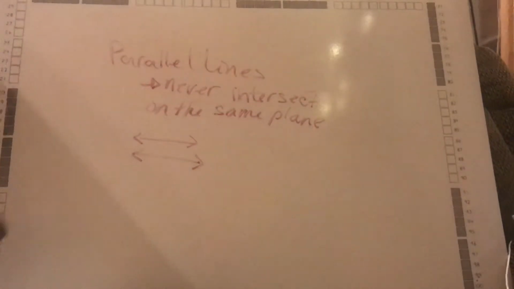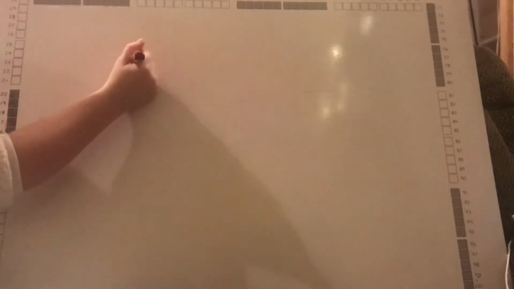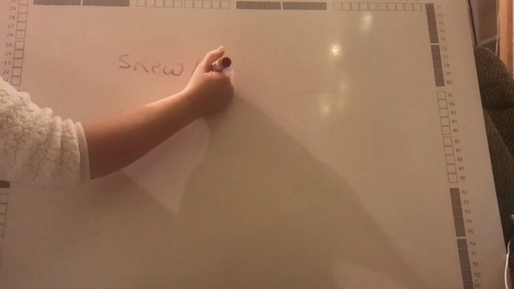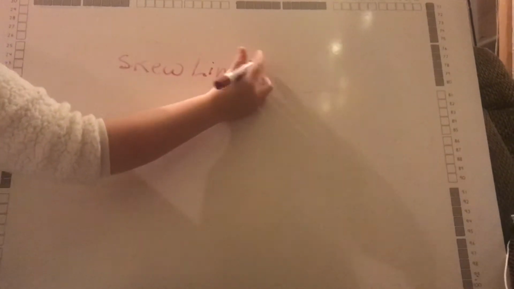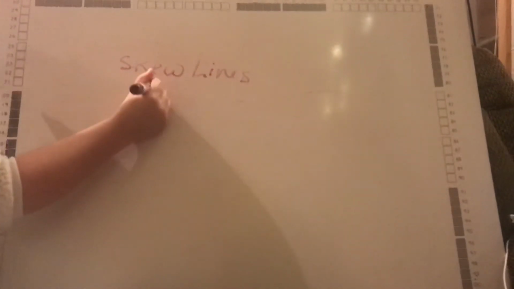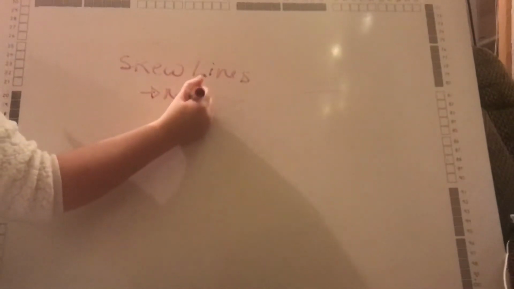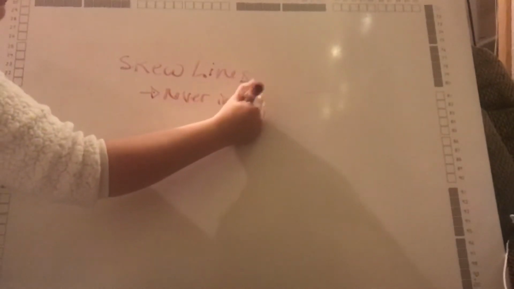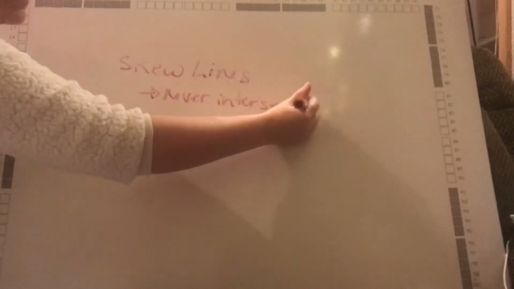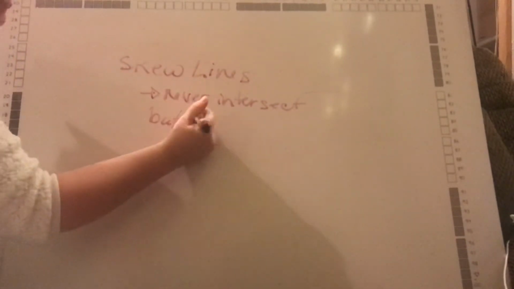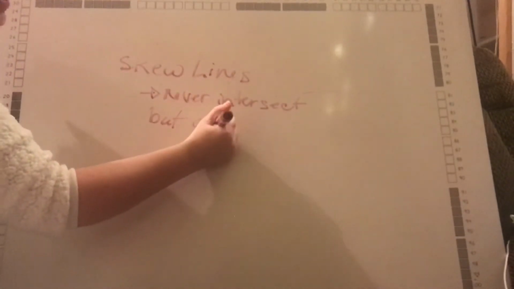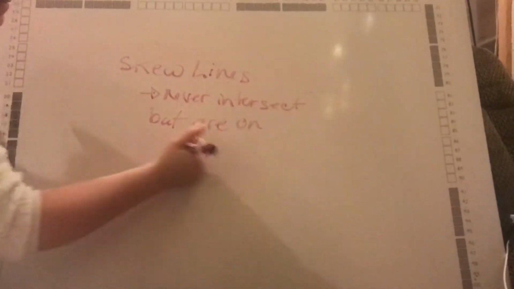Now, the last one is skew lines. Skew lines also never intersect, but are on different planes.